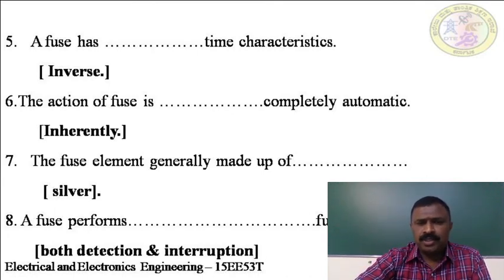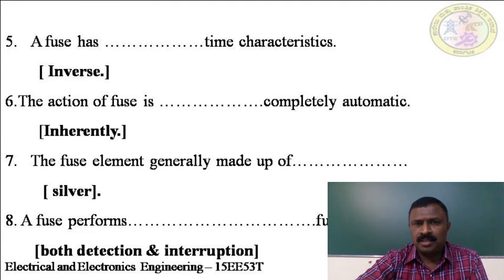The next question, a fuse has dash time characteristics. As we discussed, we have different time characteristics like inverse, definite inverse, extreme inverse. The fuse has inverse time characteristics where the time of operation is inversely proportional to the magnitude of current.